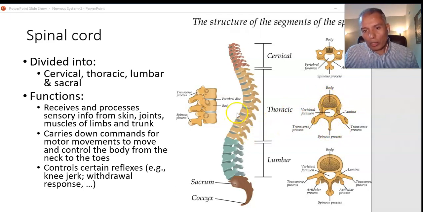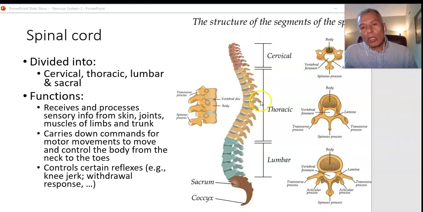This is called the spinous process. When you see all of these spinous processes stacked on top of each other, you can touch the center of your back, and this is what you feel. That is the spine. You touch the tips of the spinous processes, the spinal column.